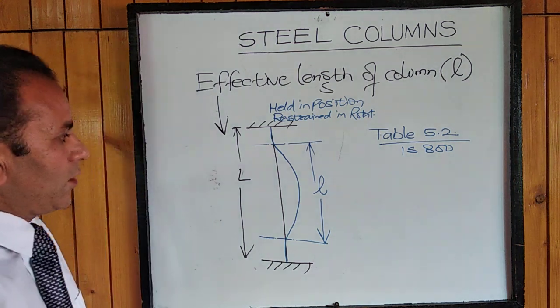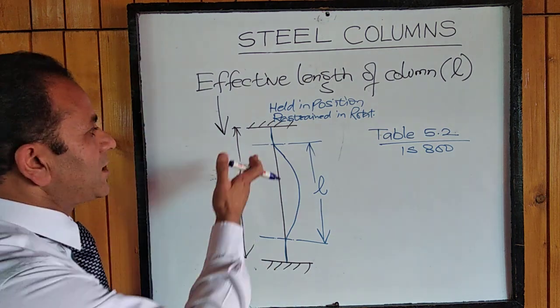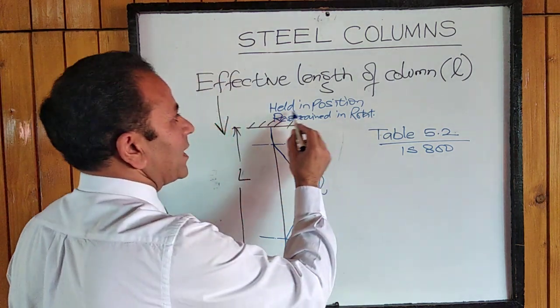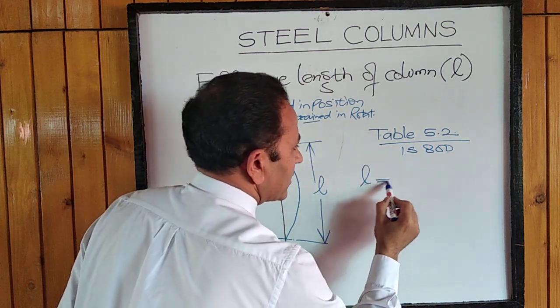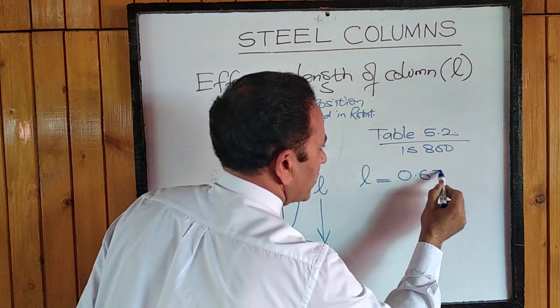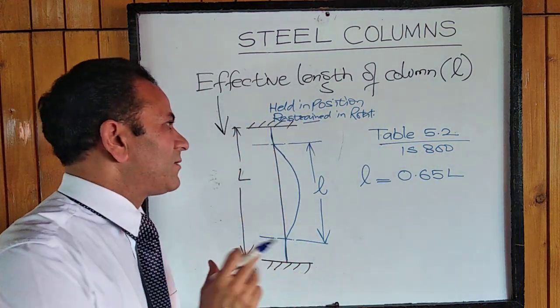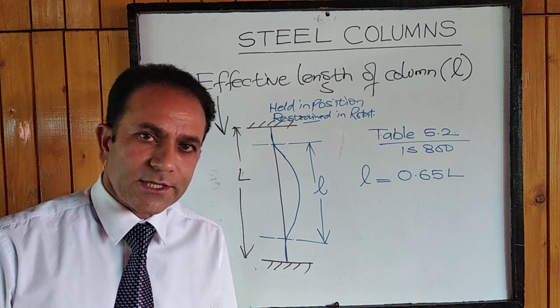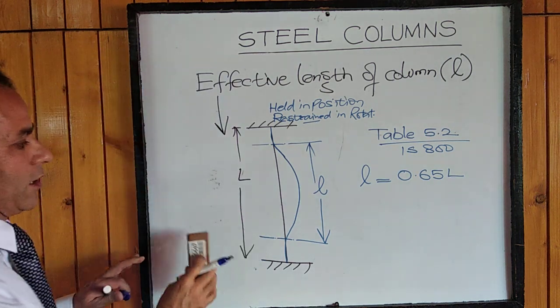What is the recommended value of effective length corresponding to certain end conditions? Say, for example, this case where both ends are held in position and restrained in rotation, then the effective length recommended by the IS code is 0.65 times the total length. So this table will give us all the details for various end conditions, and corresponding to those we will find out the effective length of the column.